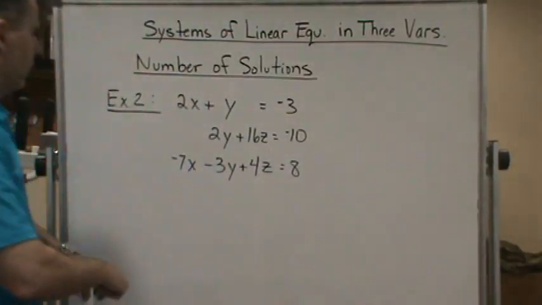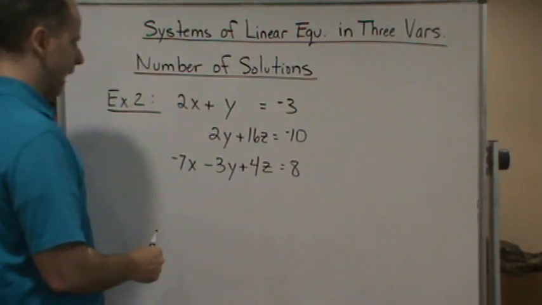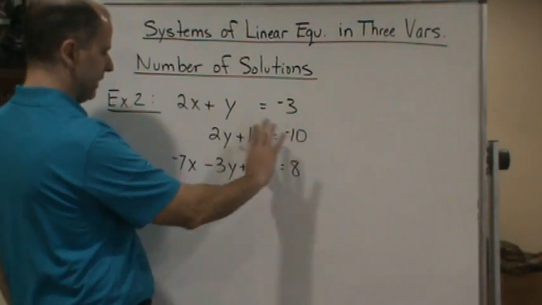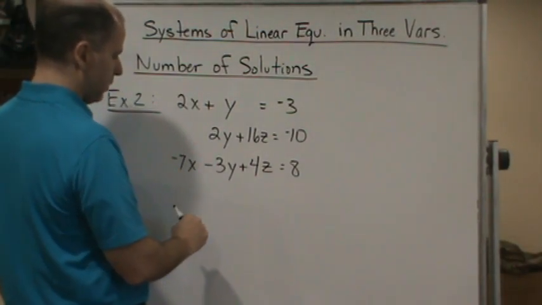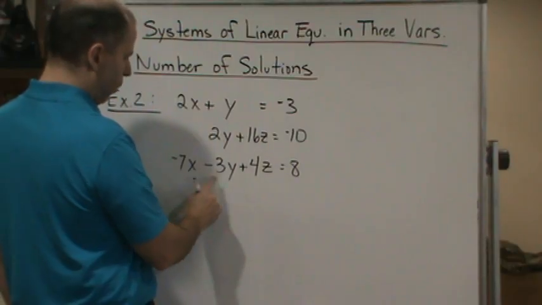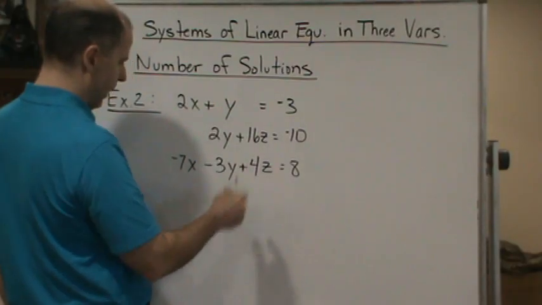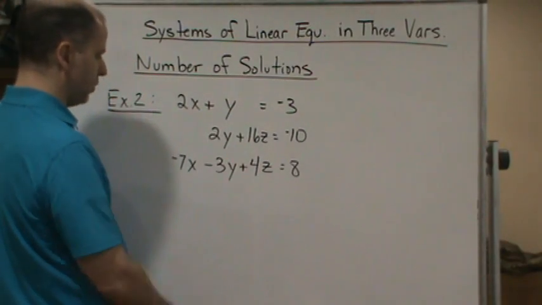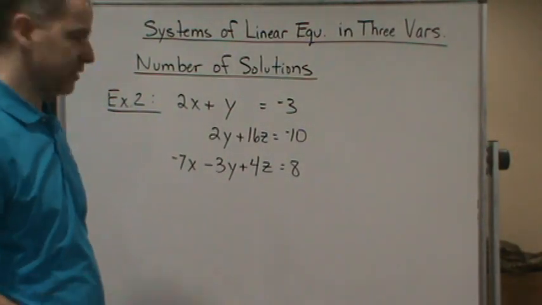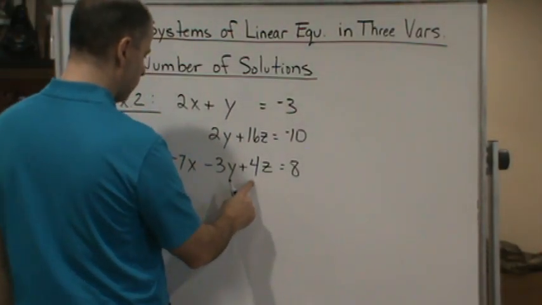Okay, now, looking at this system, let's solve this system. Now, the thing that I see here, looking at this system of equations, is that I've got x and y here, so why don't we use these two equations to get rid of the z's, and then I'll have my x and y equation, and it'll save us some time and some work.